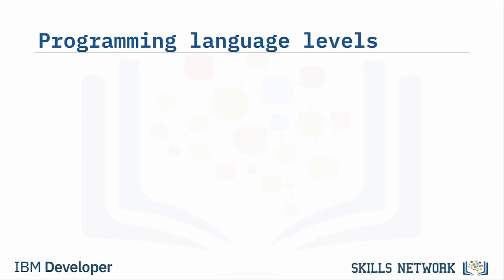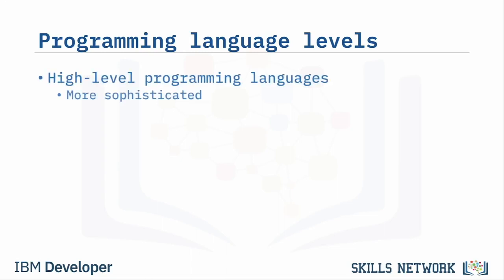But first, we need to categorize programming languages into two levels, high-level and low-level. A high-level programming language is more sophisticated and uses the common English language to make its code more understandable and to increase the speed of coding and debugging programs.